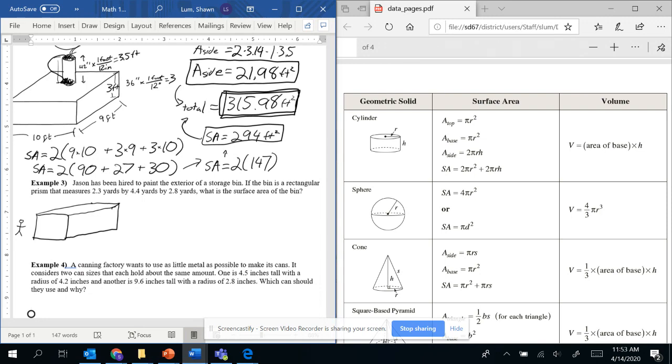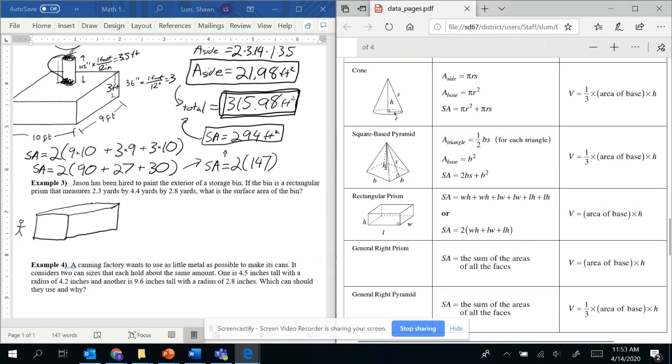So we're going to ignore one of those sides. The rectangular prism formula is a very good formula, but it says you're painting absolutely everything, and you're not going to be painting the bottom, just the roof and the walls on the outside.